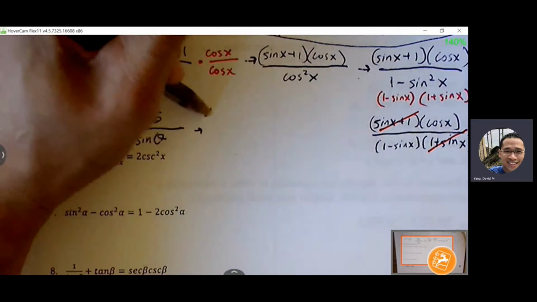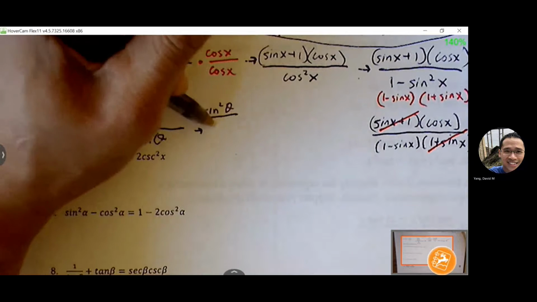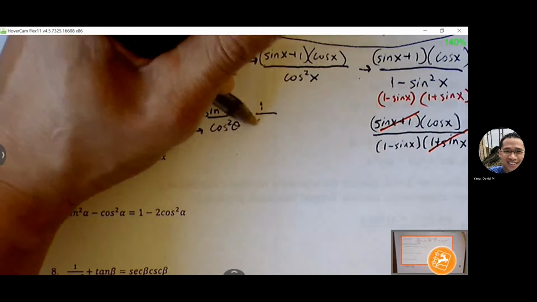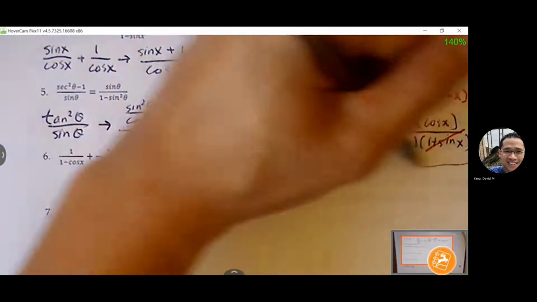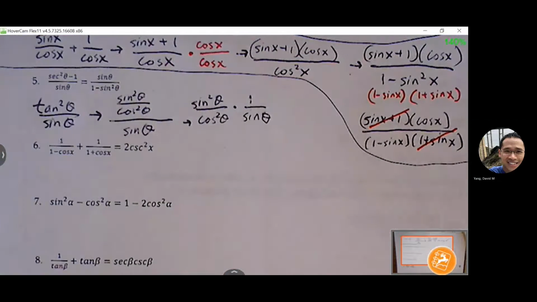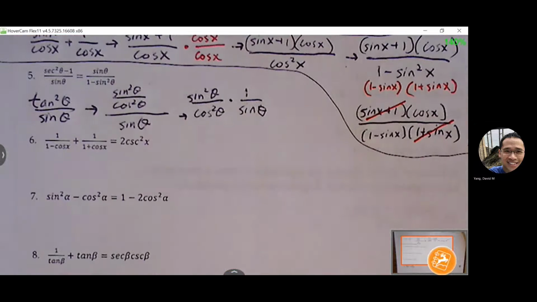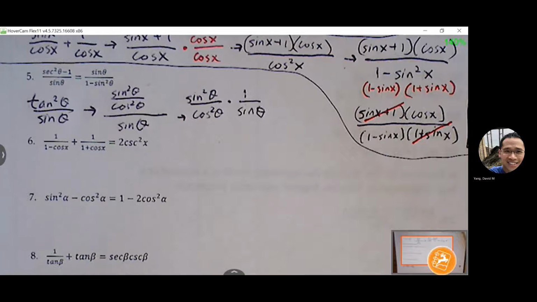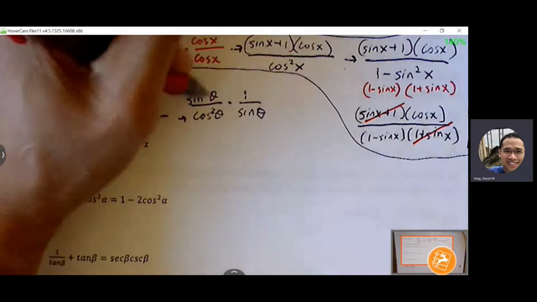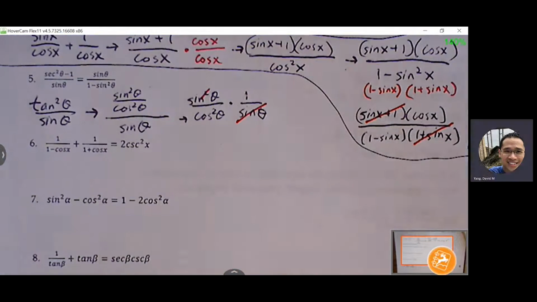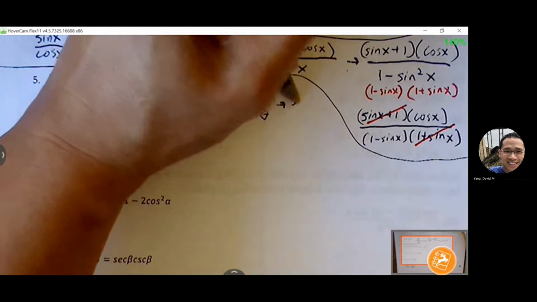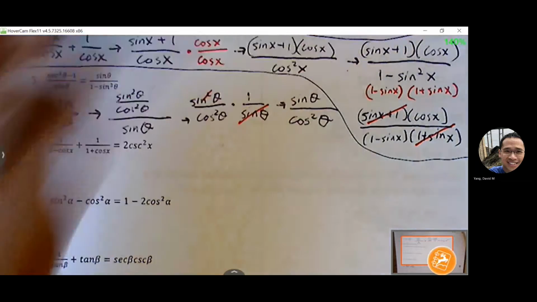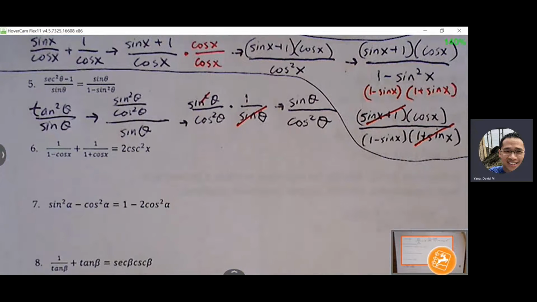So sine theta times 1 over sine. All right. Anything to clean up here? One of the sines can go away. I'm left with sine over cosine squared.